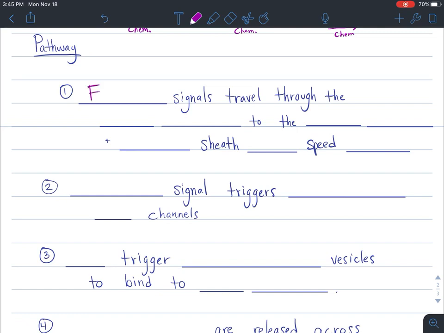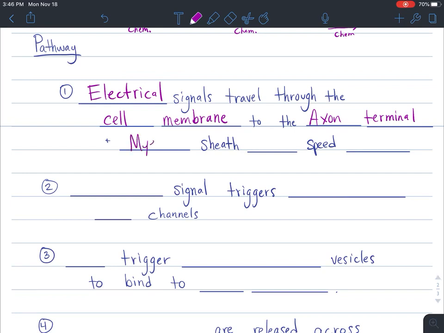The first thing that happens is that electrical signals travel through the cell membrane of the neuron to the end of the cell, which we call the axon terminal.